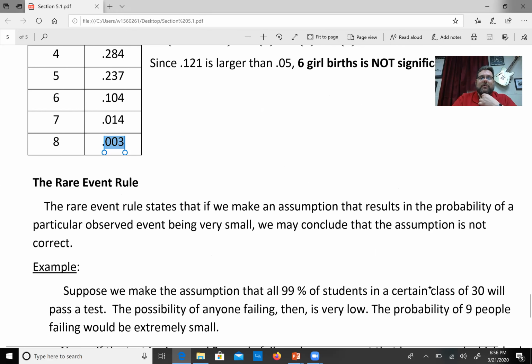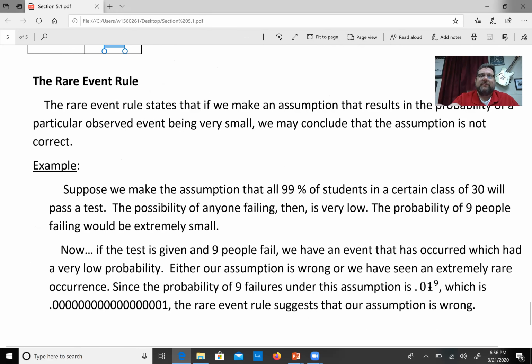The last thing I want to talk about is this thing called the rare event rule. Now, the rare event rule basically tells us either our assumption is at fault or our data is at fault. So here's the idea.